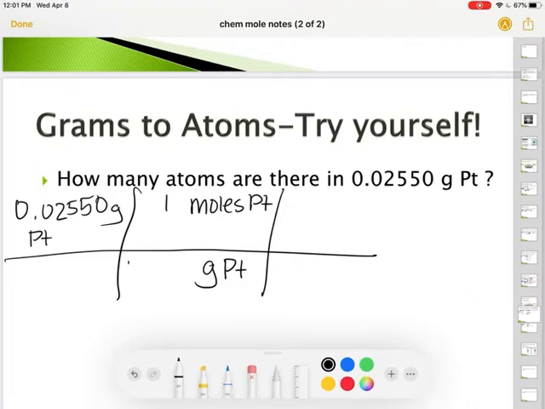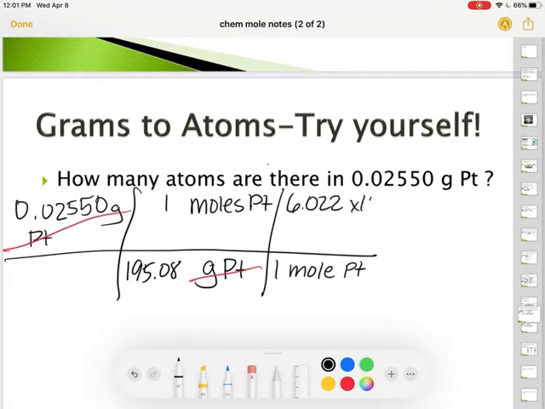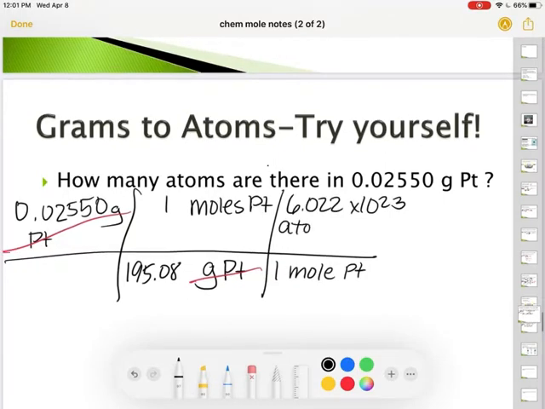In 1 mole of platinum, there are 195.08 grams of platinum. Okay, so grams of platinum cancels. We're left with moles of platinum. Well, in 1 mole of platinum, there are 6.022 times 10 to the 23 atoms of platinum.